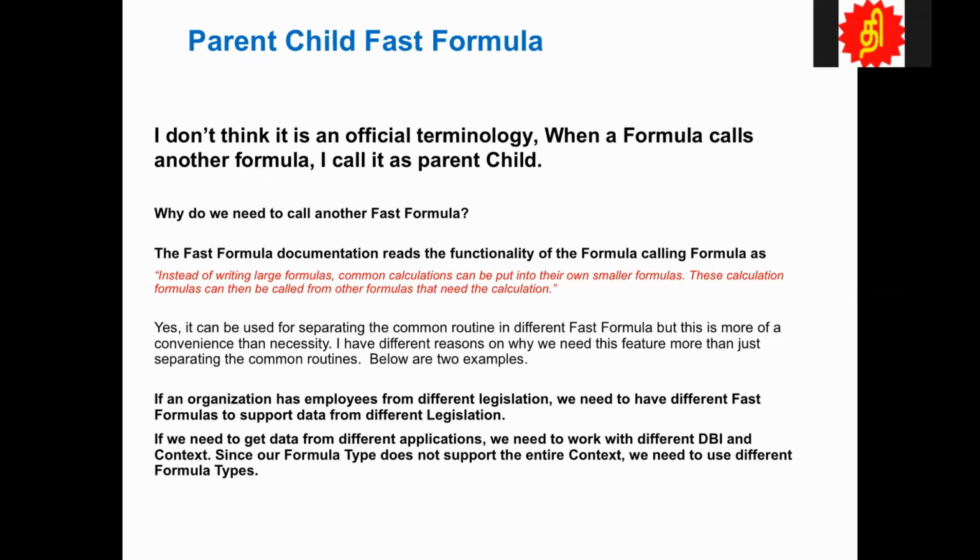In the second case, you need to use DBAs that have some context that is not supported by your own formula type. A simple example I can give you is a formula type from compensation and a DBA from benefit.